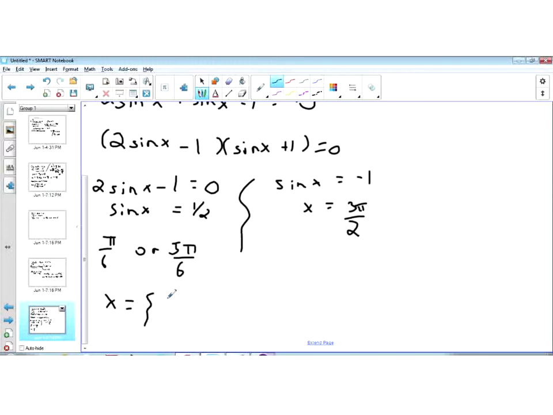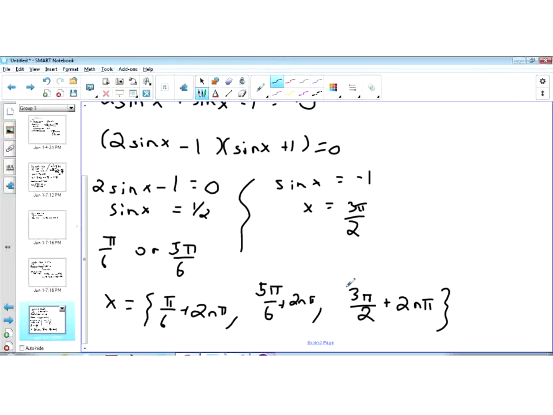So the solutions would be pi 6 plus 2n pi, 5 pi over 6 plus 2n pi, and then, of course, 3 pi halves plus 2n pi. All right, so those are the solutions. Simple enough.